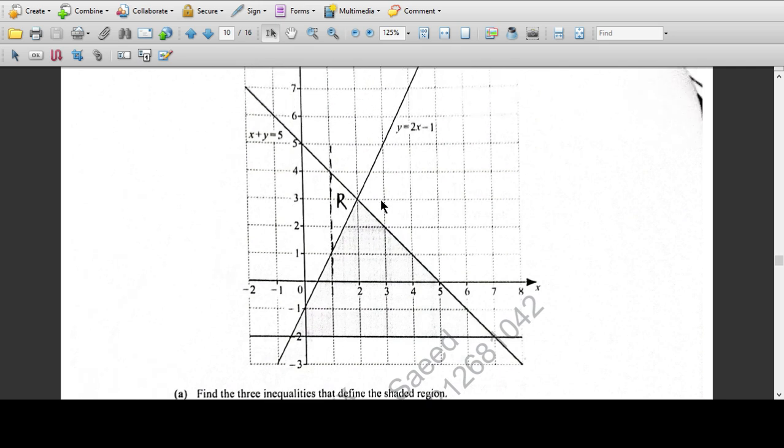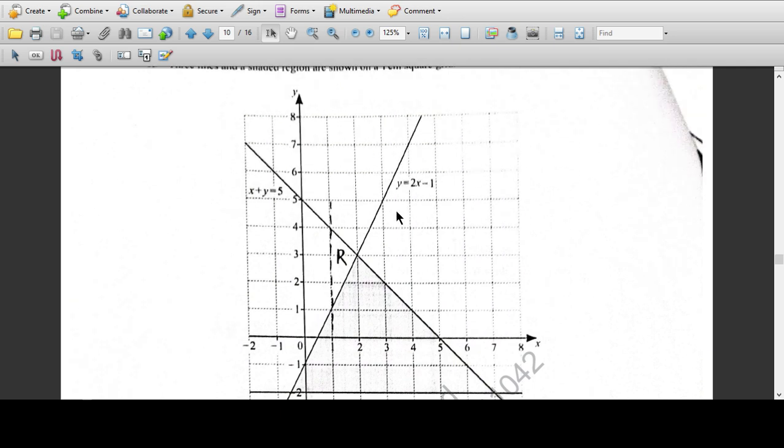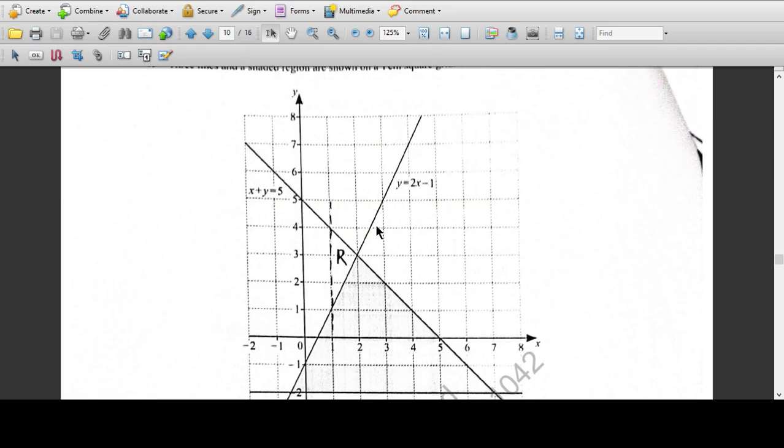The first line is y equals 2x minus 1. The shaded region is below this line, so it is represented by y is less than 2x minus 1.